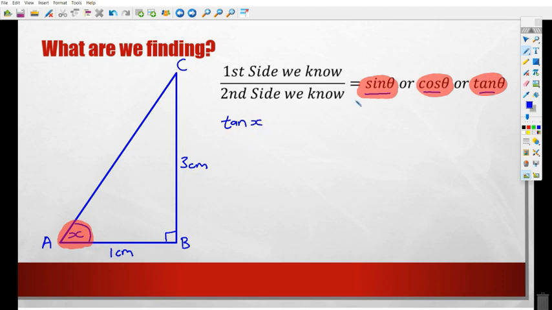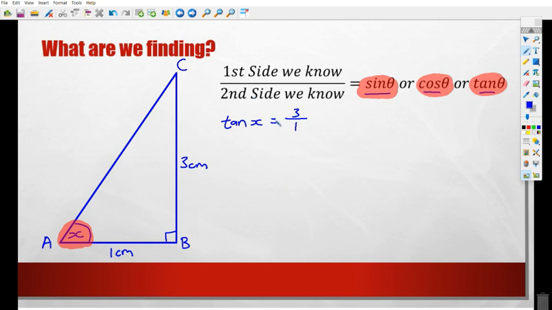Remember, sine, cos, tan, cot, sec, and cosec always have an angle attached, and in this case I don't know what that angle is. Tan is the ratio opposite over adjacent. My opposite is 3, and my adjacent is 1. So now we've got our equation.